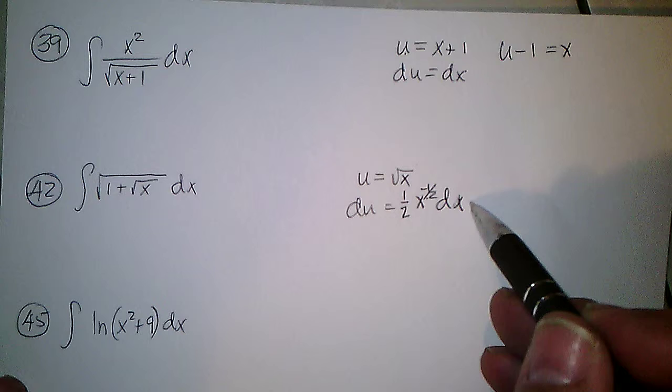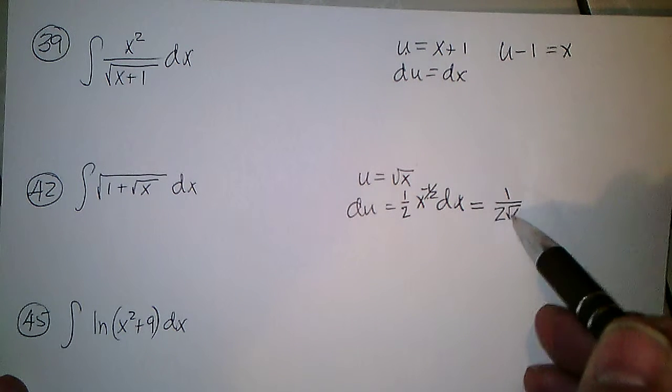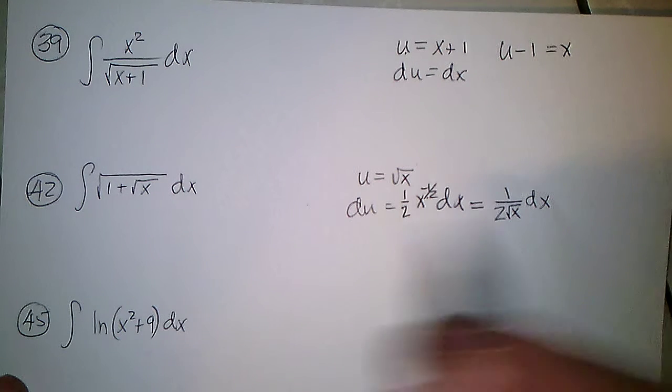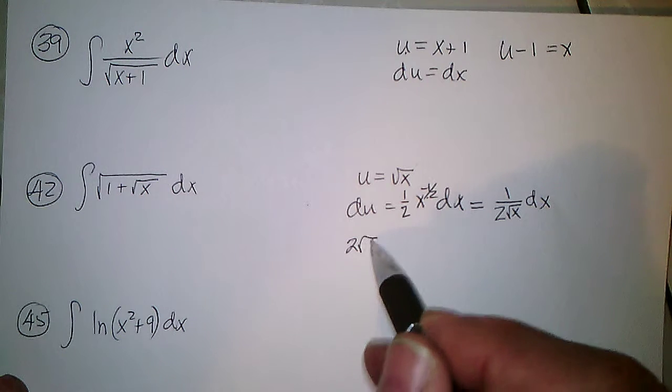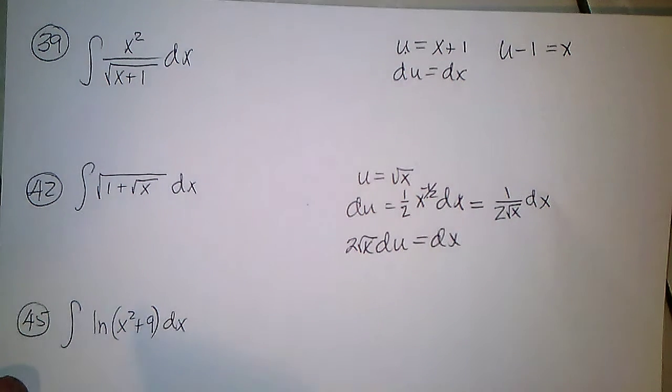So that would mean that that's 1 over 2 times the square root of x dx. So if I multiply both sides by 2 square root of x, I get 2 square root of x du equals dx.